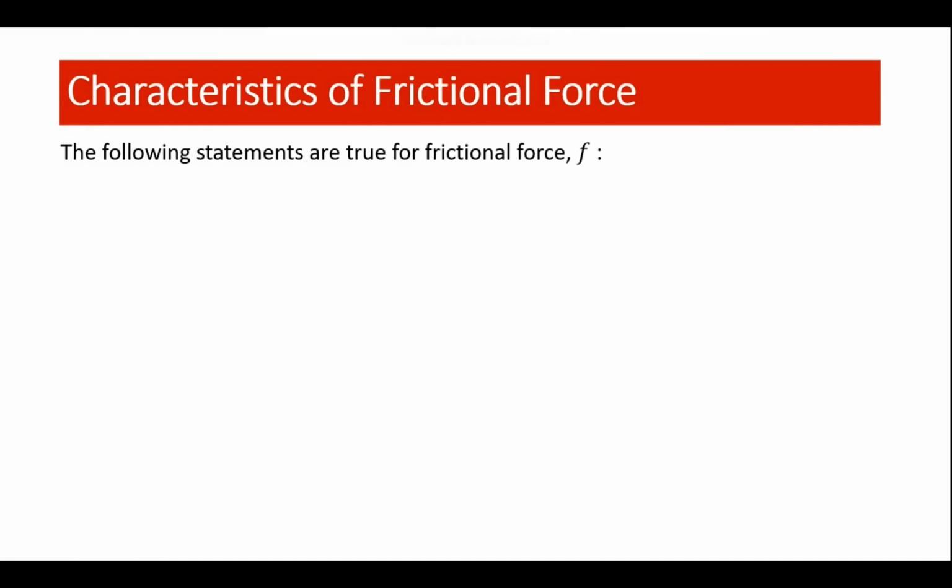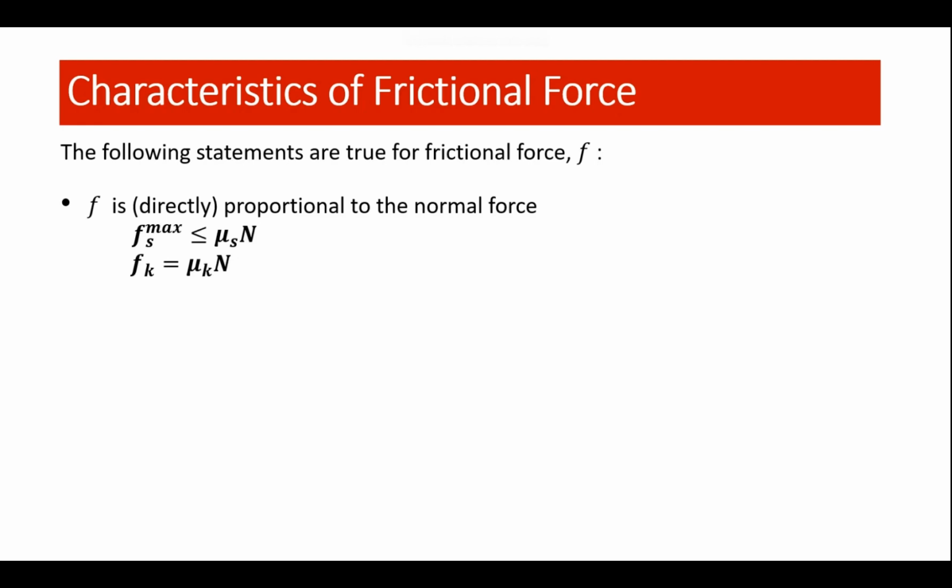There are certain characteristics of friction force that you need to be aware of. The first one is that friction force is directly proportional to the normal force. And this is directly coming from the two formulas that we have just looked at. The second characteristic is that frictional force is independent of the area of contact.